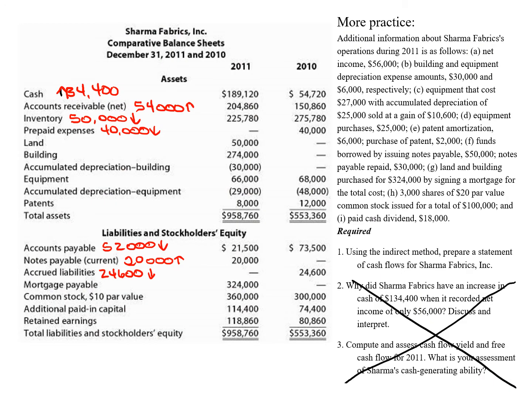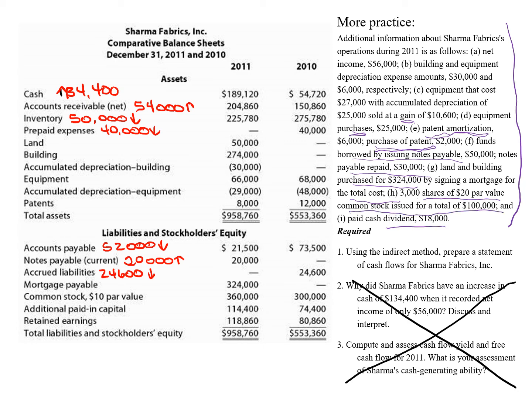One more. Here we have Sharma Fabrics, and we're given an income statement and then a whole bunch of dense information where I can see we have gains, we've got equipment purchases, we have a patent amortization, which is just like depreciation, we have a purchase of an intangible patent, we have funds borrowed, we have notes paid, we have land and building purchased, we have a mortgage, and we sold some stock, and we paid a dividend.